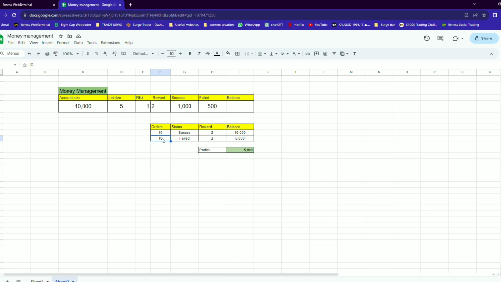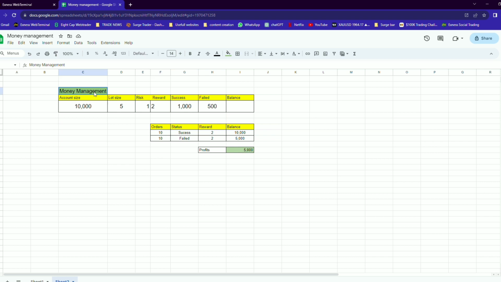If you fail 10 orders, you lose 5,000, and if you lose 5,000, you can no longer place that lot size. If you first achieve 10 orders, you will get the 10,000, but it can be the vice versa.